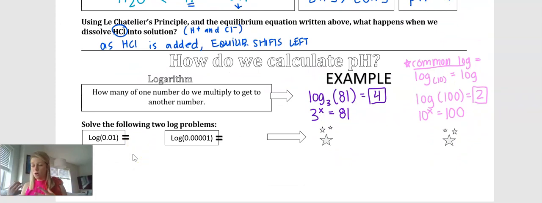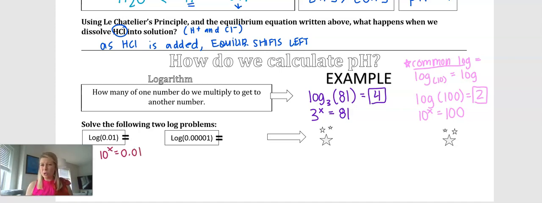Log of 0.01. So this is really saying the same thing as 10 to the x equals 0.01.